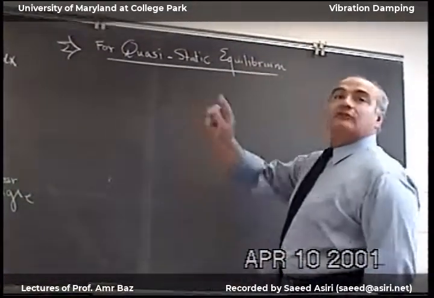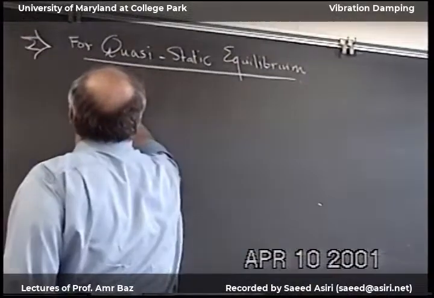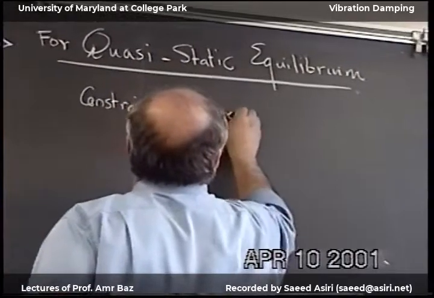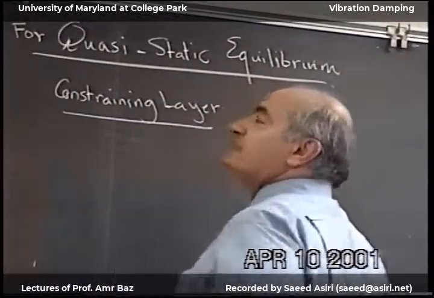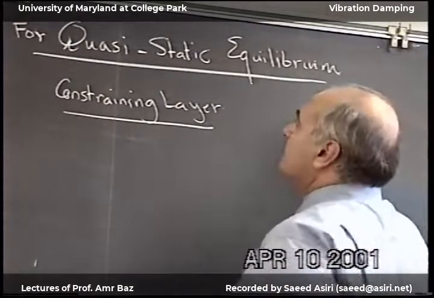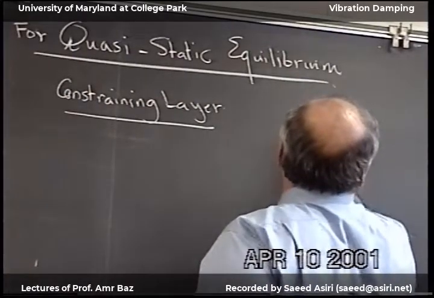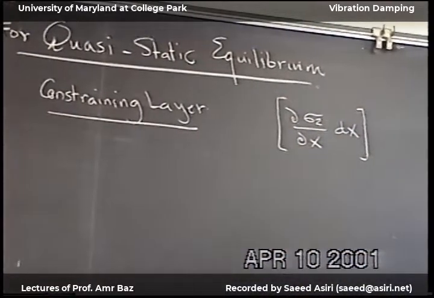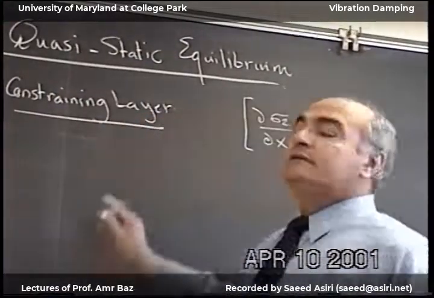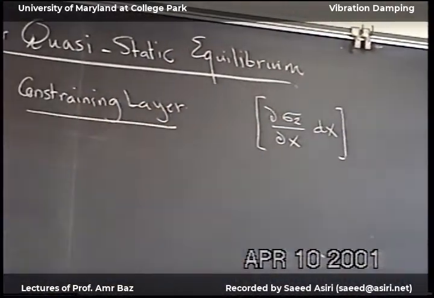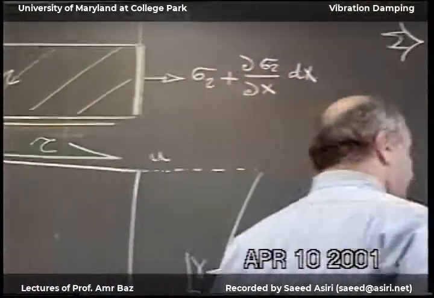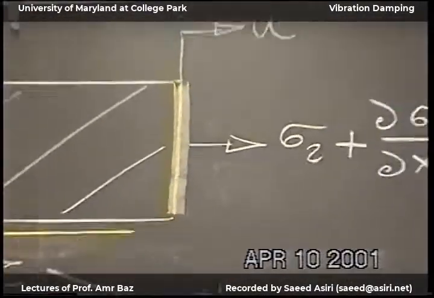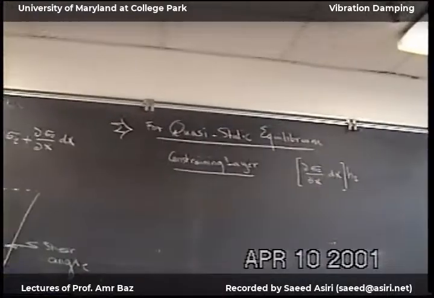So now, for example, on the top layer, the constraining layer, we have the excess normal stress, partial sigma 2 by partial x dx. This is stress multiplied by the area on which the stress acts. So this is equal to the thickness, which is h2, and then acting perpendicular to the board, distance b.